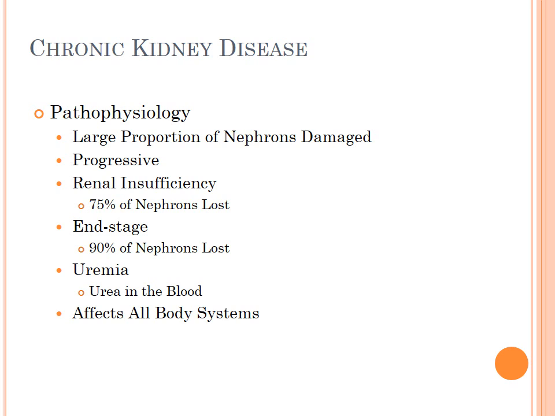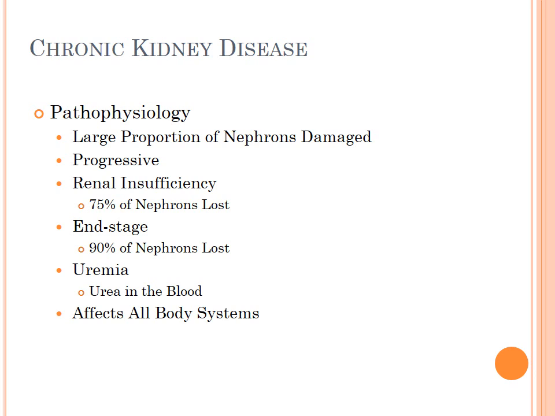We call it renal insufficiency when 75% of nephrons are lost, and end stage renal disease is when 90% of nephrons are lost. So imagine with renal insufficiency, only 25% are functioning, and in end stage, only 10% of nephrons are functioning. You have a serious decrease in the ability of the kidneys to do their job.